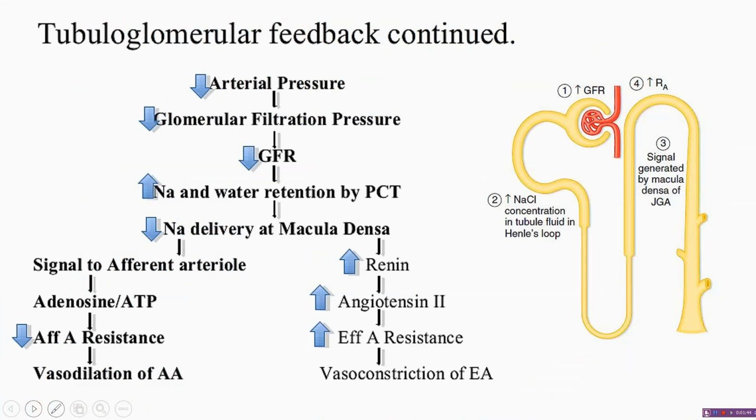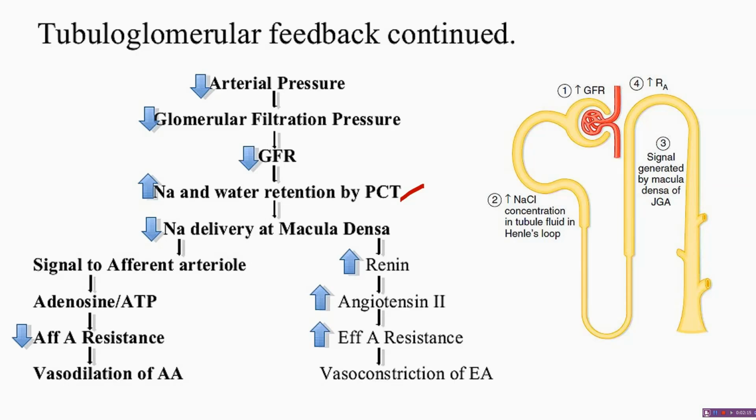When the arterial blood pressure decreases, the GFR also decreases, and glomerular filtration pressure decreases. That causes sodium and water retention by the proximal convoluted tubule. So the sodium delivery at the macula densa is decreased. The macula densa senses both sodium and chloride. This leads to afferent and efferent arteriolar changes.